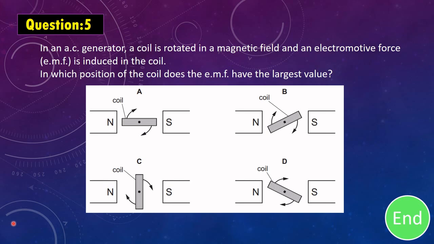The correct answer is A, because the EMF has the largest value when the coil is parallel to the magnetic field. I hope you got something about the working principle of a simple AC generator.